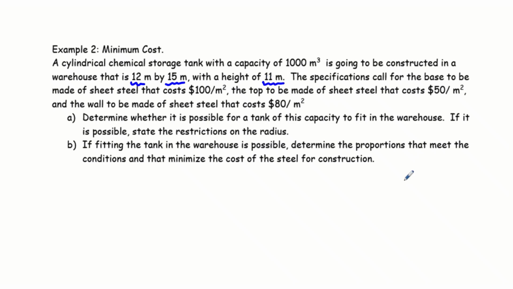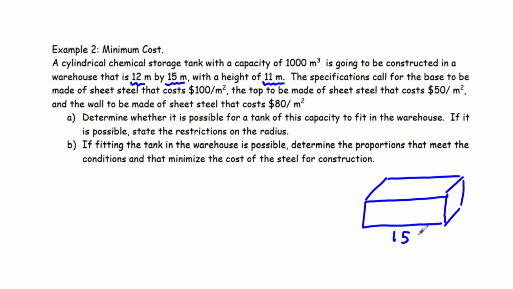So the warehouse is like a rectangular prism. So this is 15 meter long, 12 meter wide, and 11 meter high. So they want to build a chemical storage tank in this warehouse.